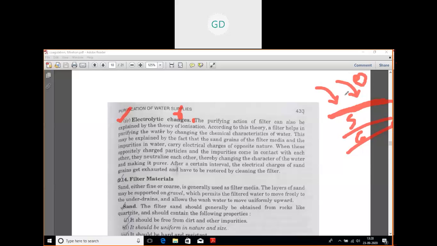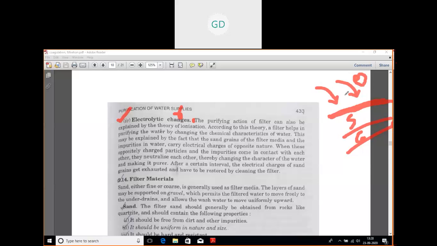When these two oppositely charged particles come in contact with each other, they neutralize each other, and when they neutralize, they change the character of the water and make it purer.